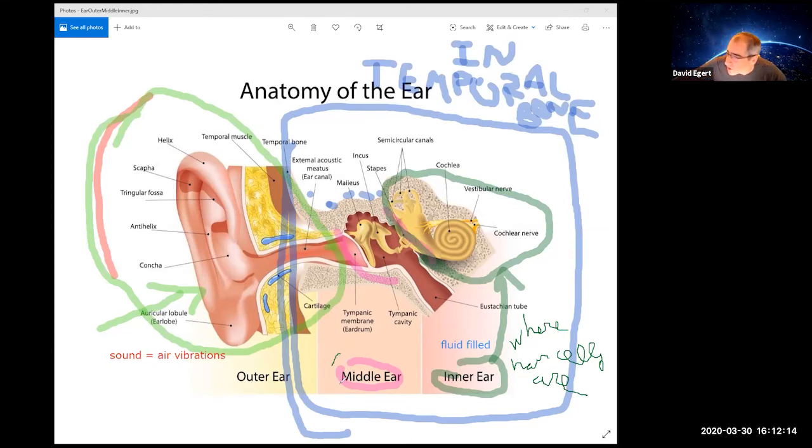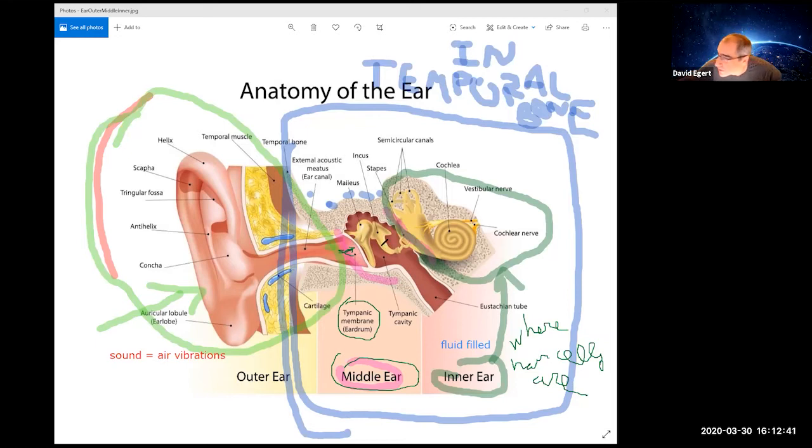So let's start by looking at the middle ear here. The middle ear has its entrance as the tympanic membrane, which is basically your eardrum. As the sound is coming in, vibrating back and forth, the eardrum vibrates back and forth. It's just this little membrane, connective tissue on one side, epithelial on the other.